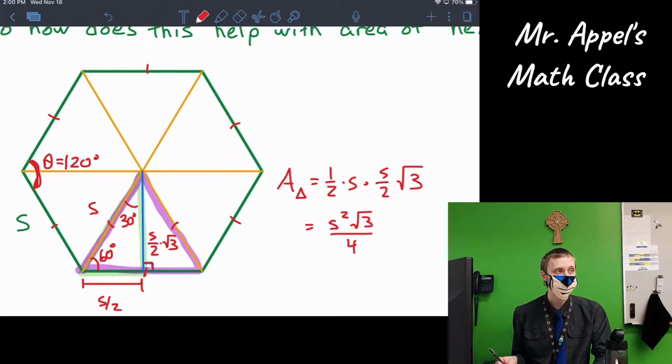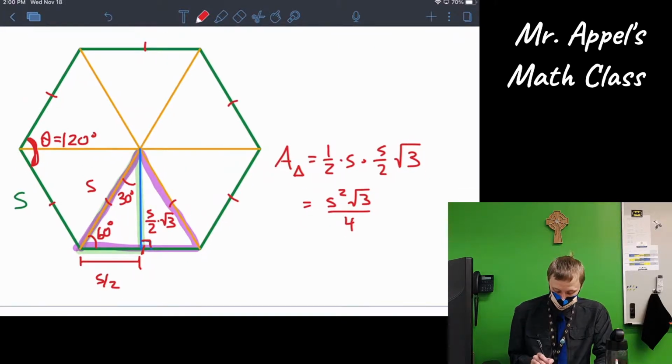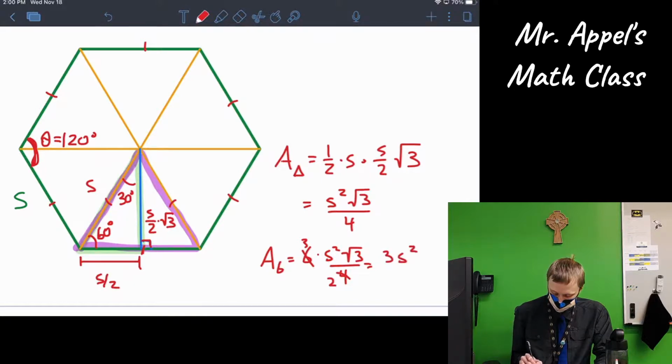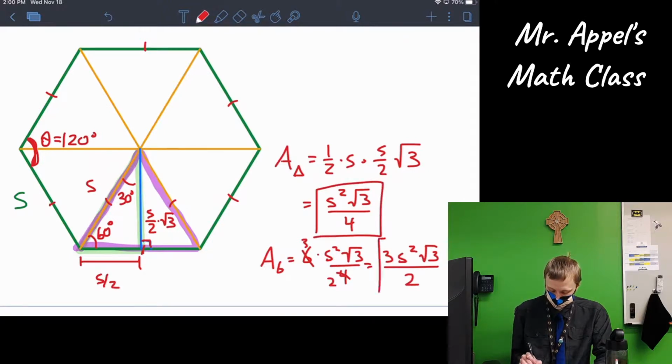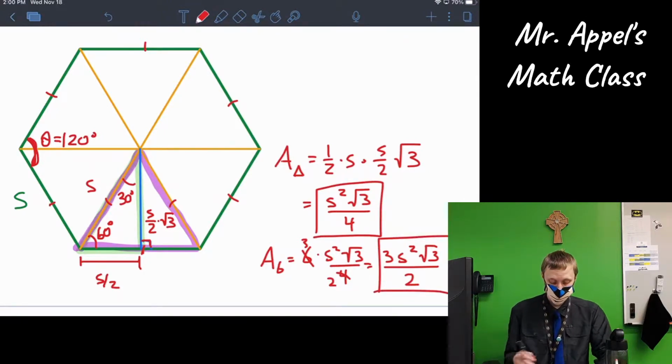Nice? And then if you want the whole hexagon, all you got to do is take all that, multiply by 6. Reduce our fraction here, that becomes 3, that's 2, so we get 3 S squared root 3 over 2. Beautiful.